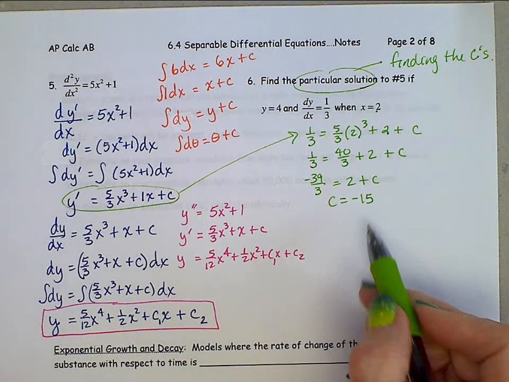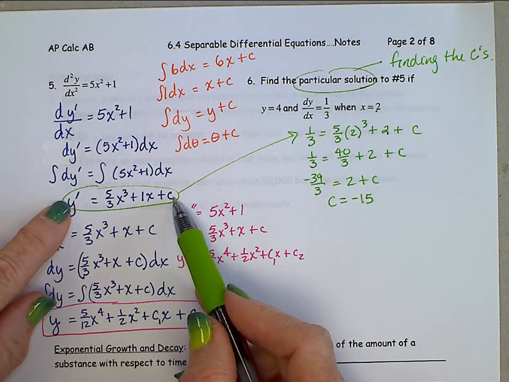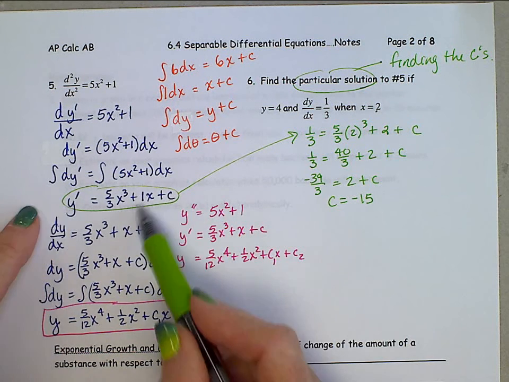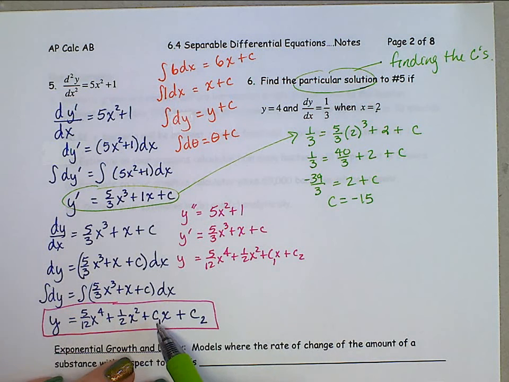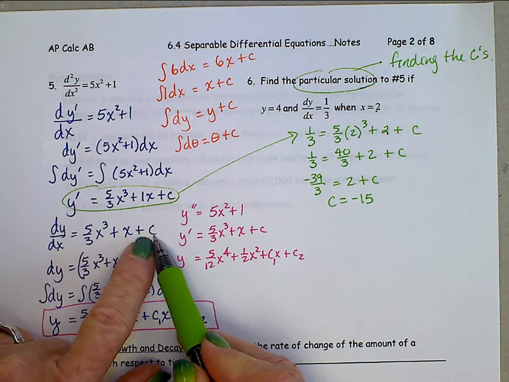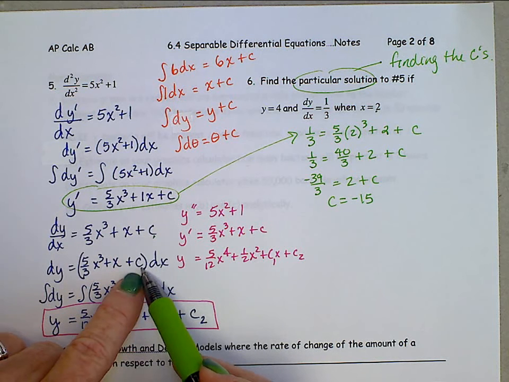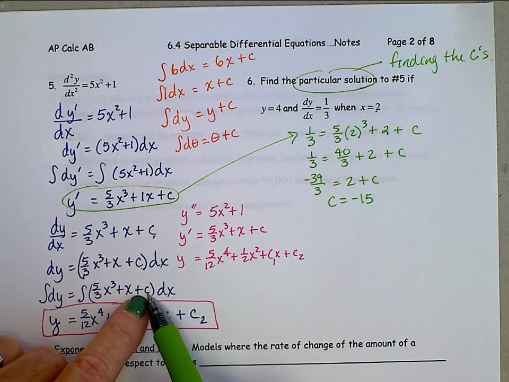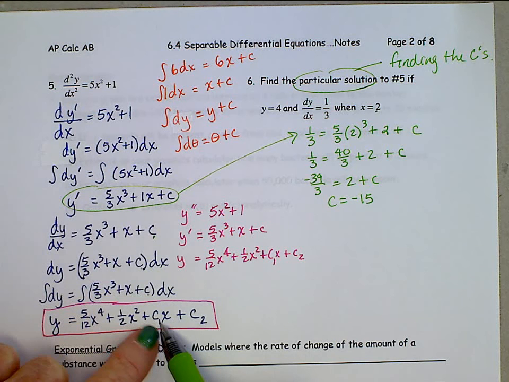Now, because we started here, we have to follow that c through and see if it got adjusted at all. So that c, same as this c, same as that c, didn't get multiplied by 2 or divided by 3 or changed. So this is actually c sub 1, which is negative 15.